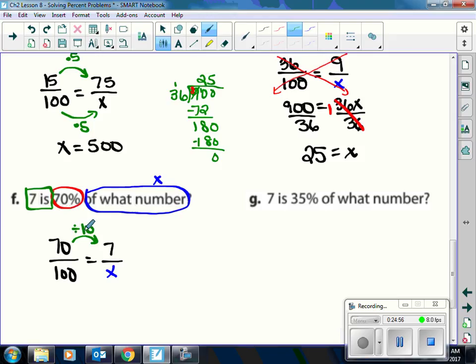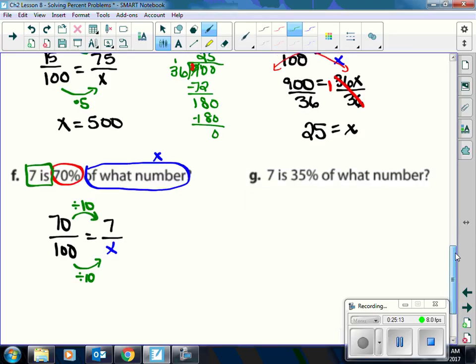And 70 divided by 10 gives me 7. So now I want to divide in the denominator also by 10. So 100 divided by 10 gives me 10. So 7 is 70% of 10. So x is equal to 10.